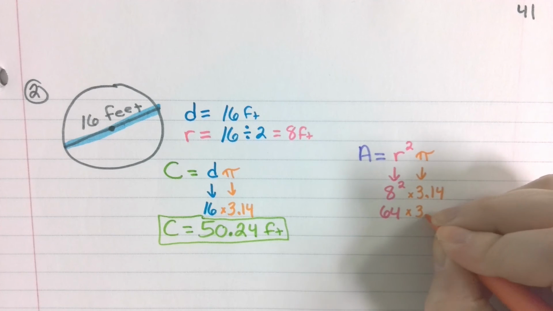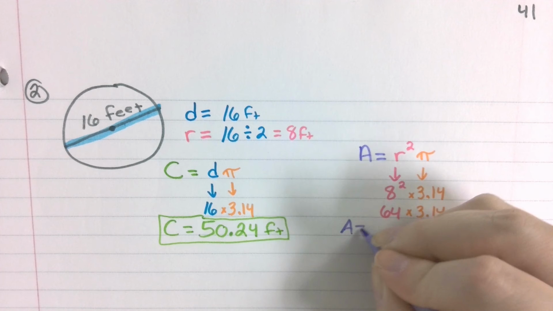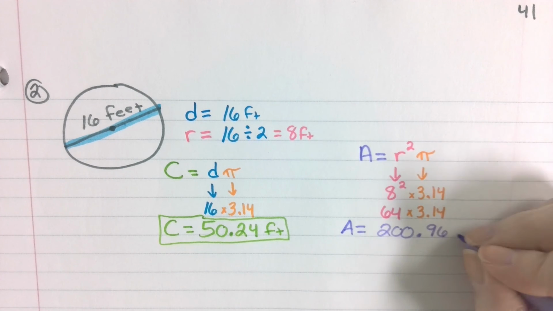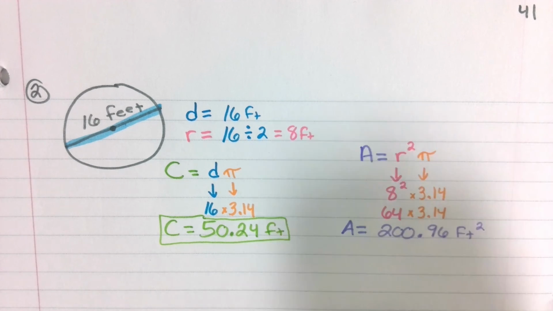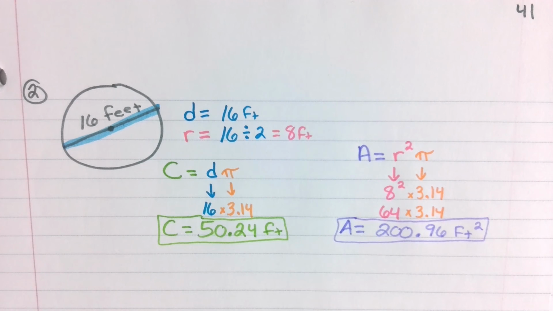So we're going to do 64 times 3.14, and we get that the area is 200.96 feet squared.